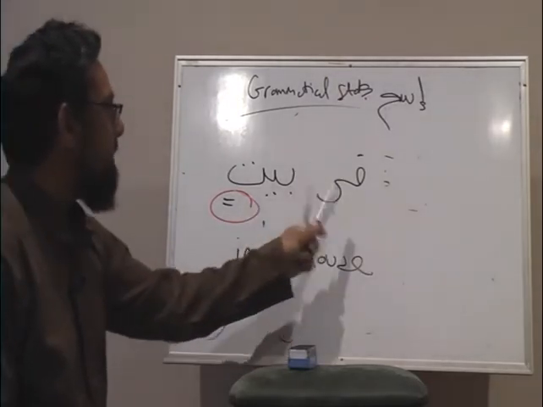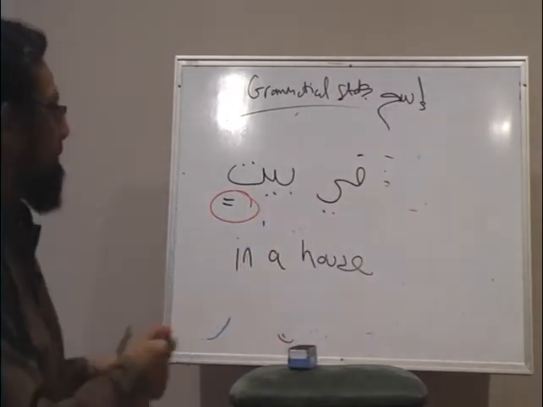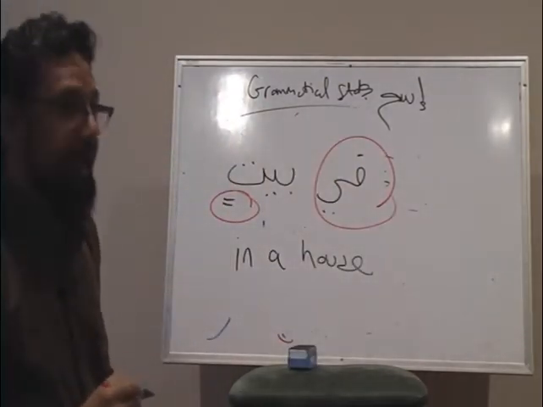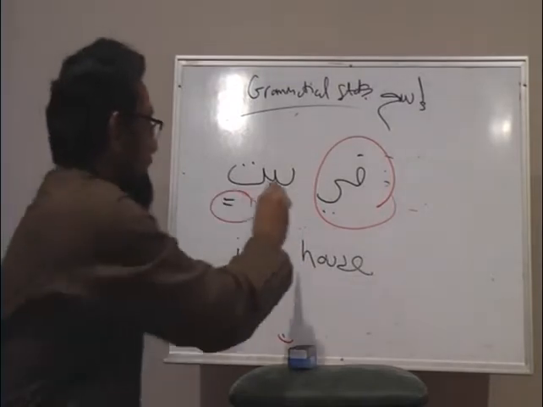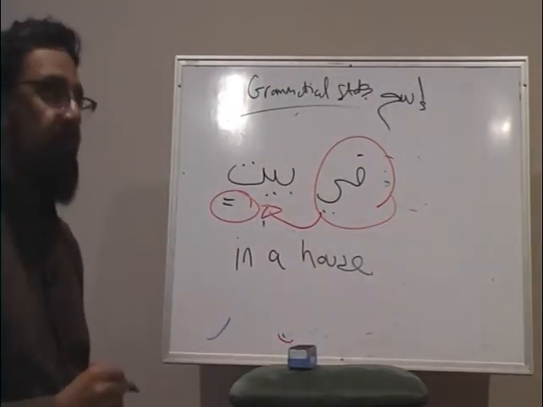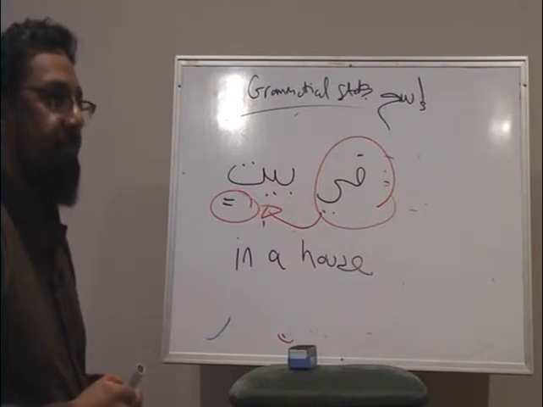And there you see an example, because it is preceded by a harf, which is an amil, a governing agent. That's why it converts baytun to baytin.